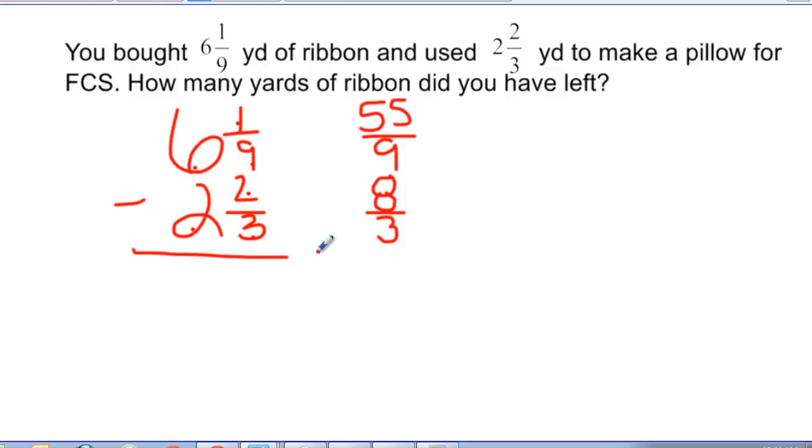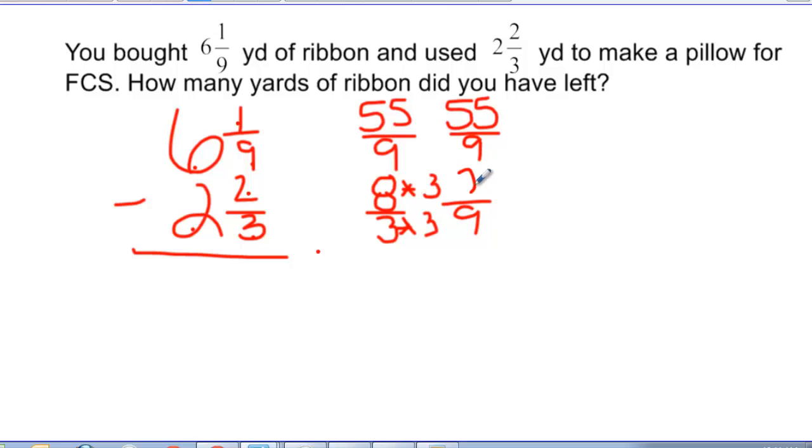And again, I have a nice situation where one of my denominators will work as a common denominator. 3 divides evenly into 9, so I can leave 55 ninths as ninths, and then I am going to change 8/3 so that it has a 9 in the denominator. So I'm going to multiply 3 times 3 to get 9, which means I also need to multiply 8 times 3.